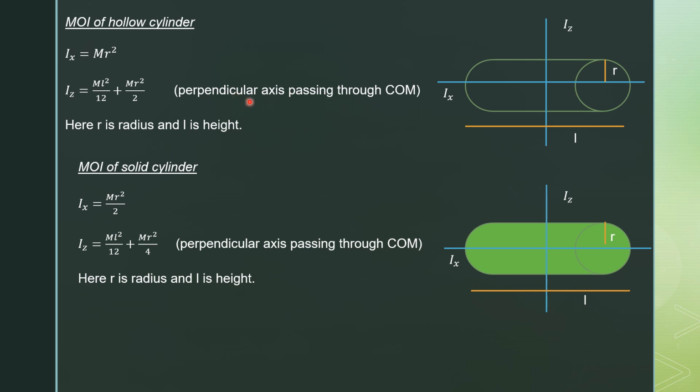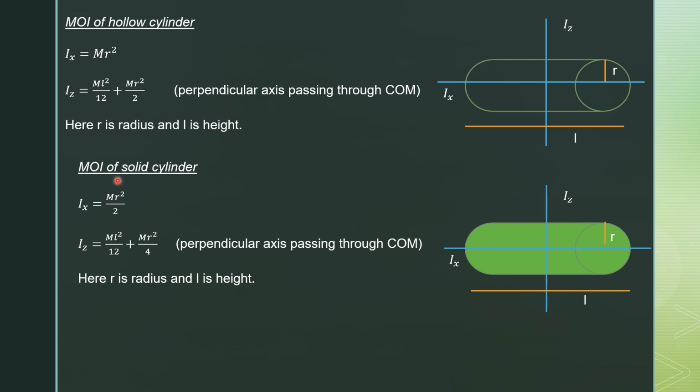This is the axis passing through the perpendicular and through center of mass. Also, we can conclude it as the combination of a moment of inertia about the diameter of a ring and the moment of inertia of a rod. So here R and L represent the radius and the length of the cylinder.